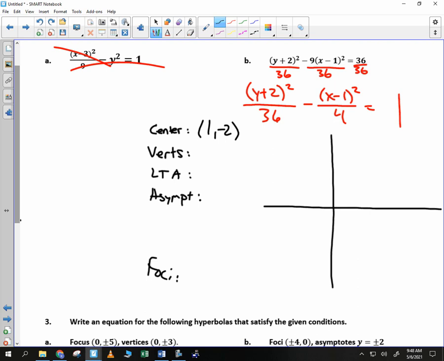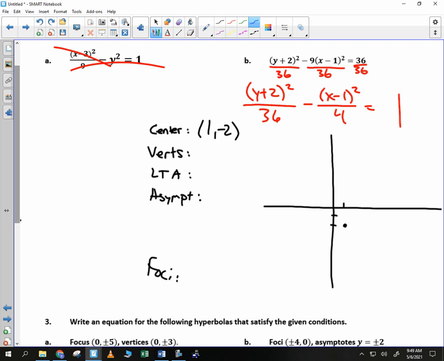Okay, that's a little tricky part. You guys are smart. So what should I do? First I should plot my point, then make my box, right? So I'm going to go over 1 and down 2. That's my center. And so how should I make my box? Six up to the sides.